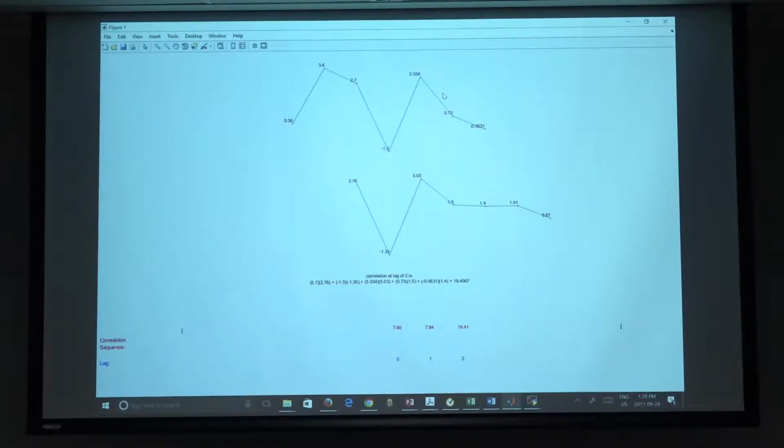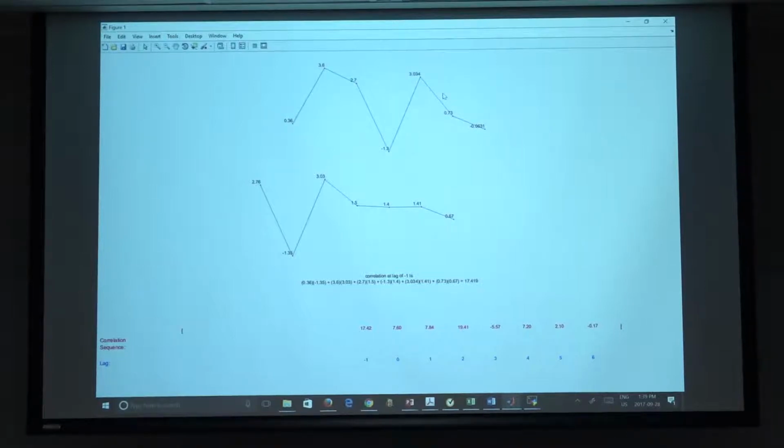See, at this shift, look at this value, 19.41. It's a large value compared to 7. At this time shift, these two signals are similar. See, similarity between these two. Then here, they are very dissimilar. It's a negative number. And I can do it again.